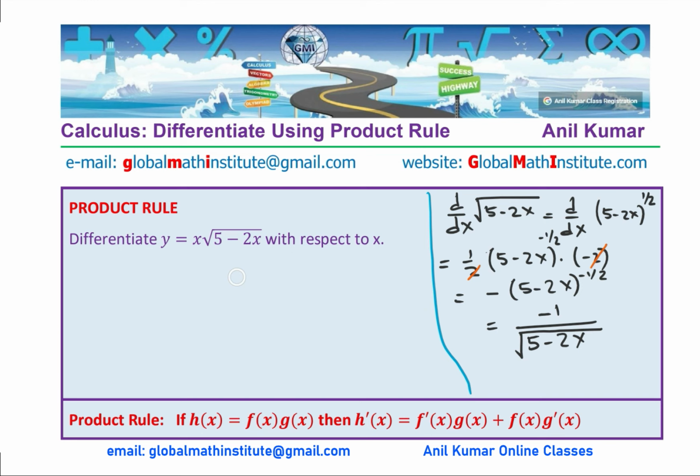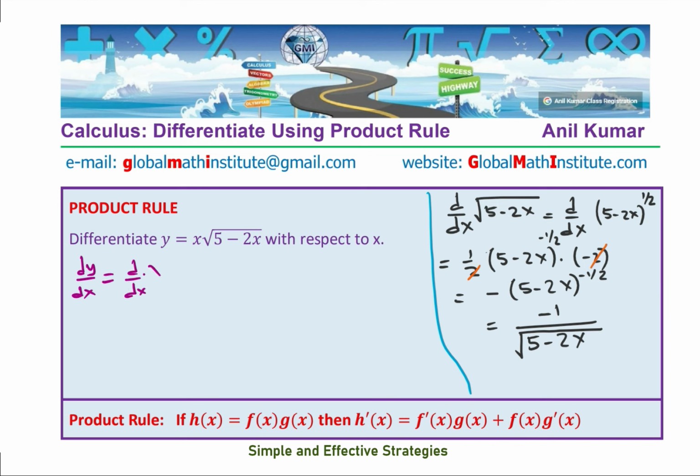I'll use this result here now, correct? So let's find the derivative of the given function. So dy dx is equal to d dx of x times square root of 5 minus 2x, plus x times the derivative of the second function, which is square root of 5 minus 2x. Clear?